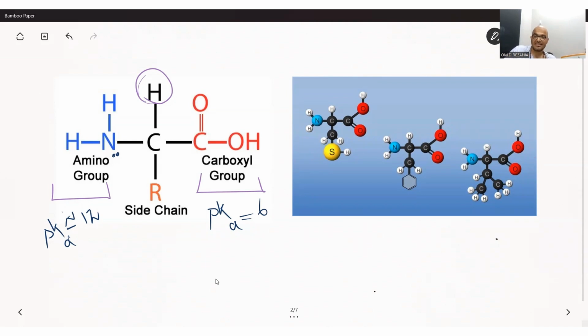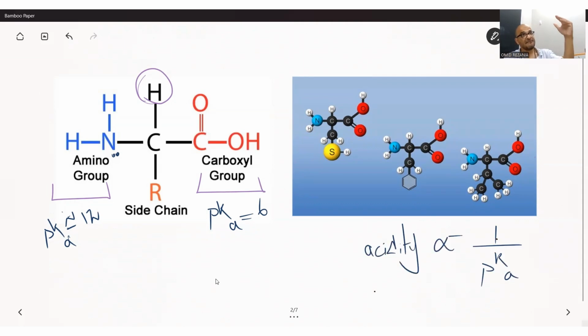We saw that between the acidity and the pKa value, there is an inverse relationship. The bigger the pKa value, the weaker the acid. The smaller the pKa value, the stronger the acid. Then you see that in that case, the carboxylic acid, as the name also implies, has a stronger acidity compared to the other one. And that becomes very important.